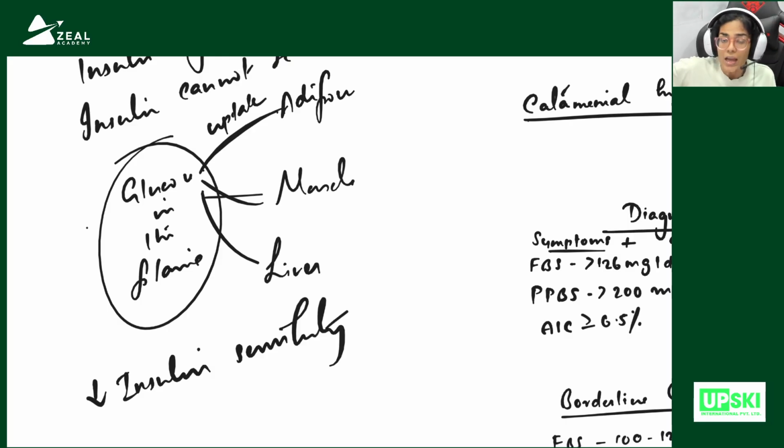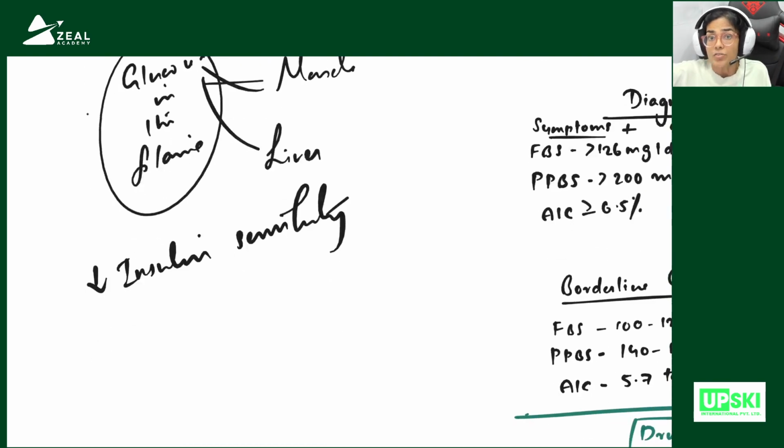But insulin is there, and your beta cells are going to produce more and more and more insulin in the initial phases, and you'll get hyperinsulinemia sometimes. Remember, insulin is not the problem in the beginning. The problem is the functioning of the insulin. Insulin would be there, but insulin is not functioning well. Okay? Now, after so many years, maybe 10 to 20 years, the beta cells, due to much strain, due to much pressure on the beta cells, are going to be damaged, and that will also cause insulin deficiency.